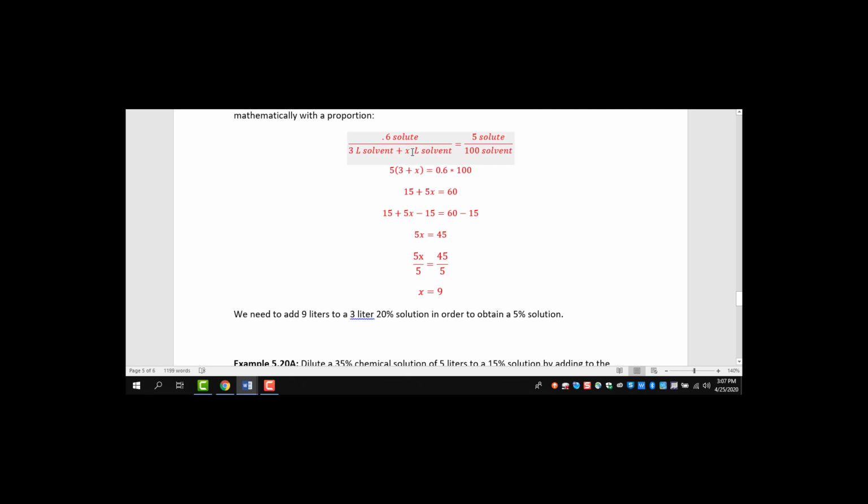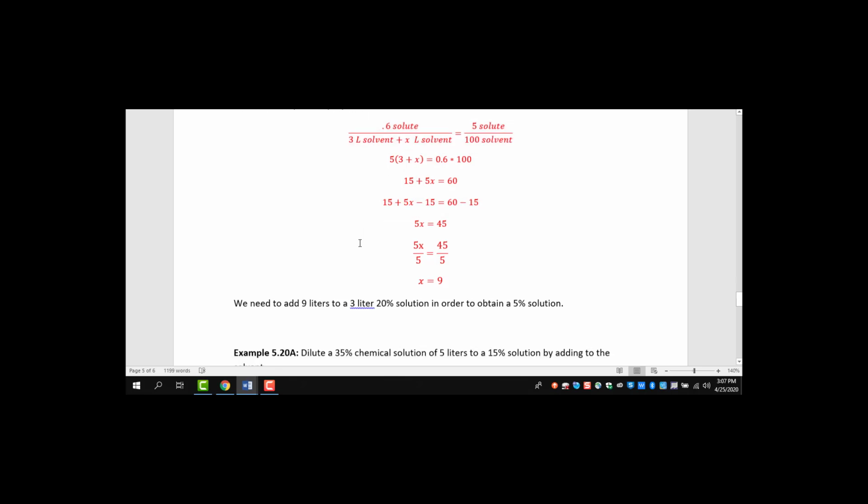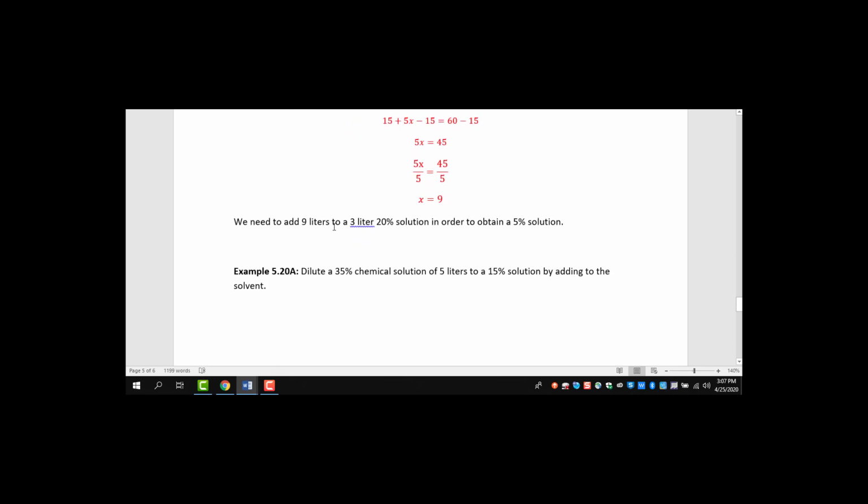So if I add 9 liters to this 0.6 over 3 liter solution, I will have a concentration of 5%, which is 5 over 100. So we need to add 9 liters to the 3 liter 20% solution in order to obtain a 5% solution.